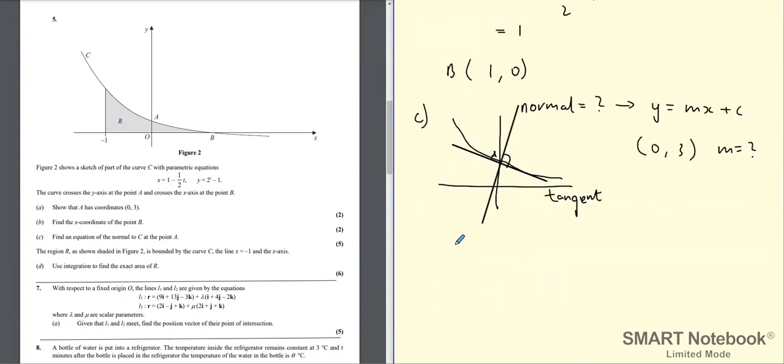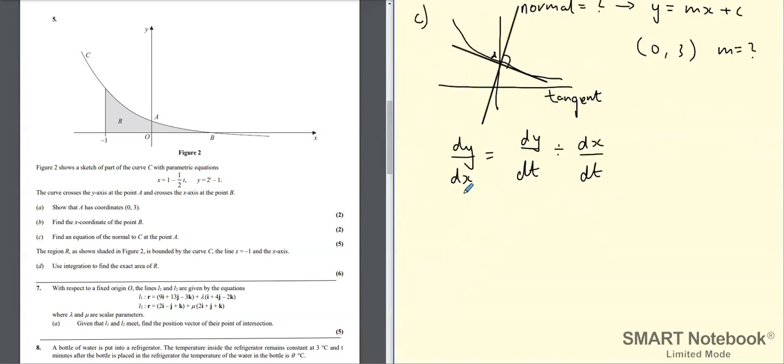So the first thing we're going to have to work out is the gradient of the tangent. So dy by dx for parametric equations is dy by dt divided by dx by dt.